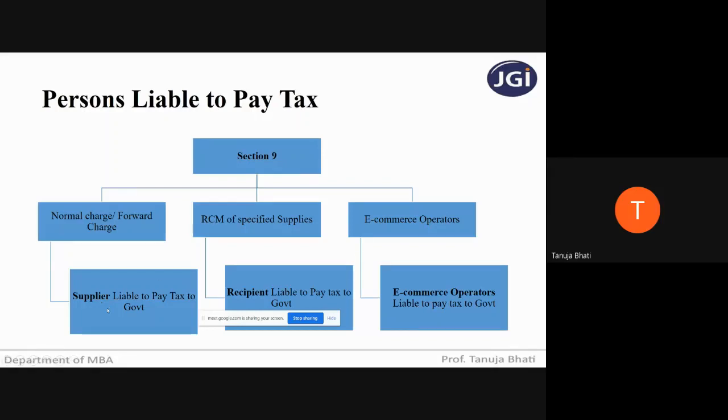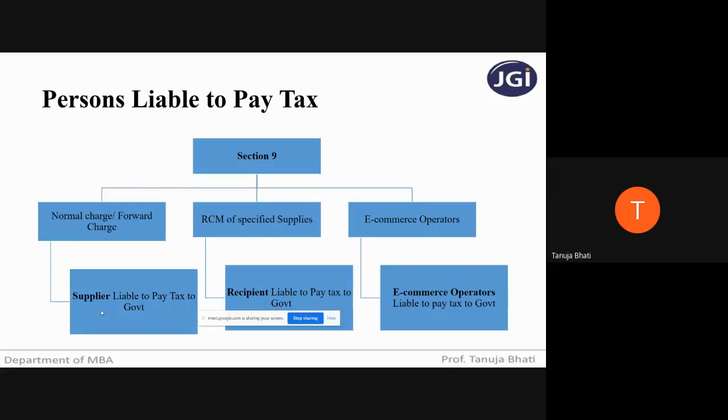In detail, we will be seeing this in module number 4, but just let me tell you all in short. Any business whose turnover exceeds 40 lakhs in case of goods and 20 lakhs in case of services is mandatorily required to take GST registration. Or any person who is making interstate supply.